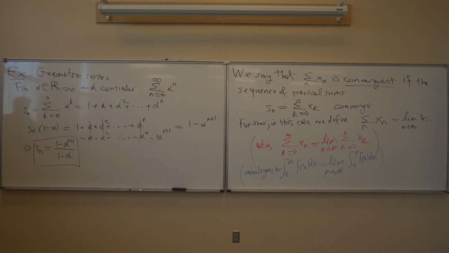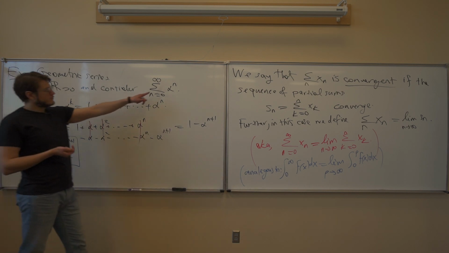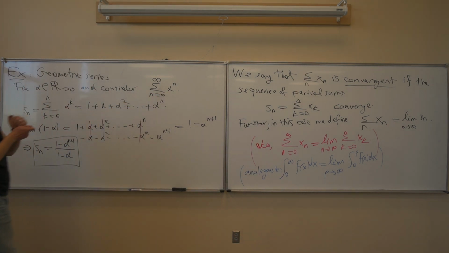Now, of course, in order for this to make sense, alpha has to be not equal to 1. But certainly, if alpha were equal to 1, this sequence of partial sums would go to infinity anyway, so it wouldn't be convergent.